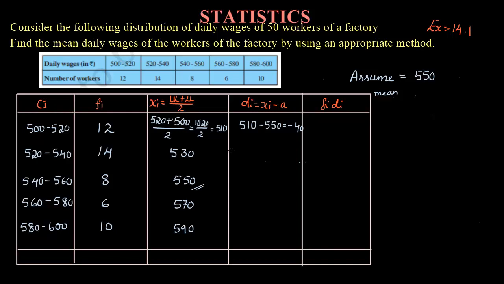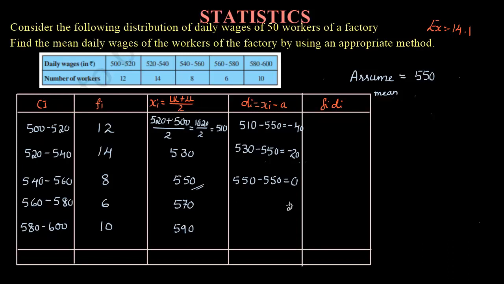Right. Then what about here? Again you need to subtract 530 minus 550. How much will you be getting? You will be getting minus 20. Then 550 minus 550, it will be 0. In the same way, subtract 570 minus 550.